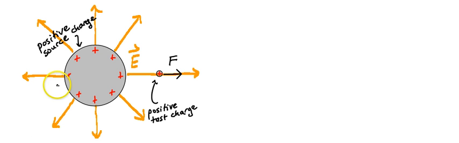So here we have a positive source charge that is creating electric field lines that are radially outwards away from this source charge. And then we have the positive test charge within that field, and you can see it's experiencing a force to the right because it is repelling off this positive surface here, and the electric field is in the same direction as this electric force.